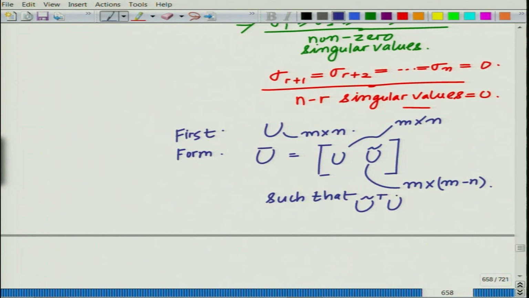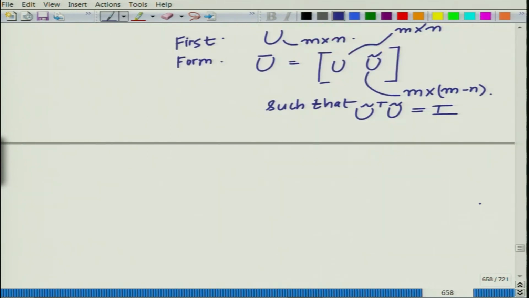U tilde transpose U tilde equals identity. Alright, you can always find a U tilde because given any m dimensional space, you can find a set of m orthonormal basis vectors. So, you already have n, you are finding m minus n more, and put them together, you have this matrix U bar, right.